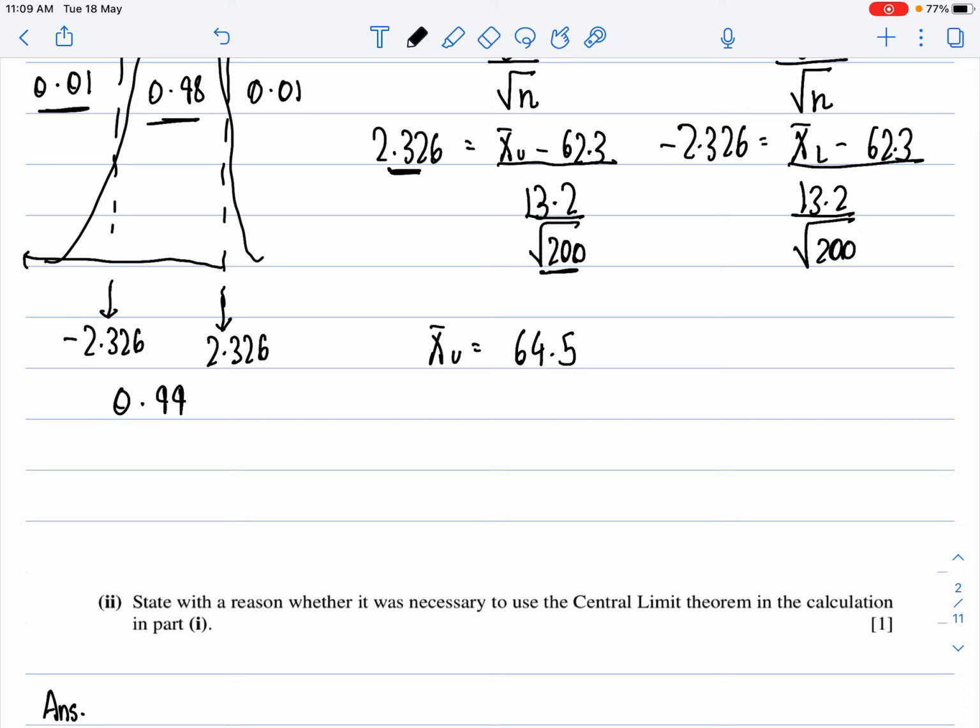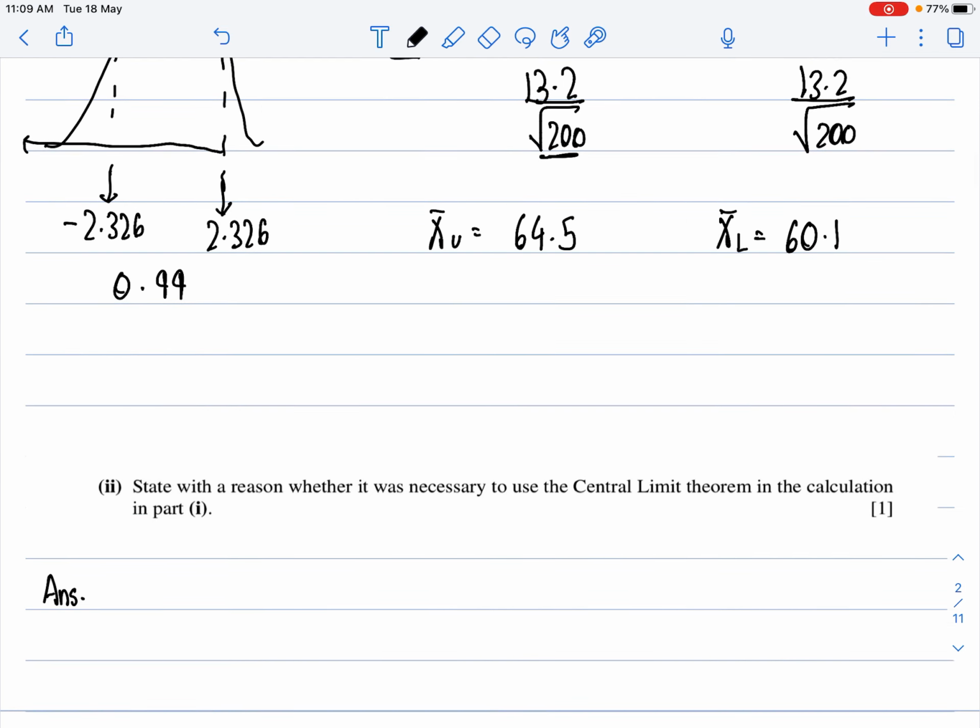Got it? I get my answer as minus 2.17, to which I add 62.3. So the value I get for my lower limit is 60.1.